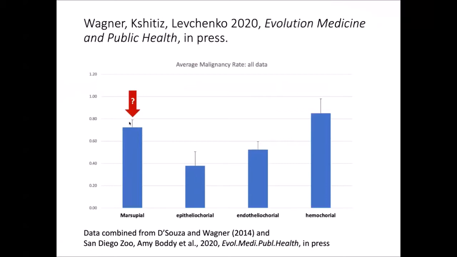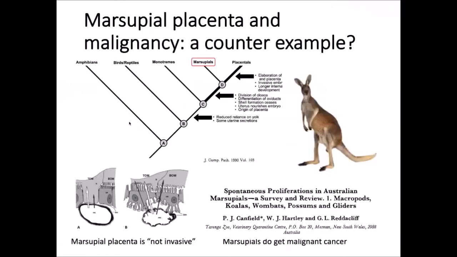So let's look into this a little bit in detail. In general, marsupial placenta malignancy seems to be a counterexample, because there's evidence of a good rate of malignancies in marsupials, and the placenta type is often described anatomically as non-invasive.